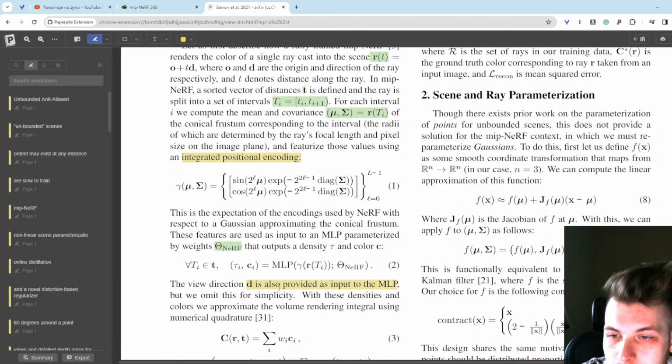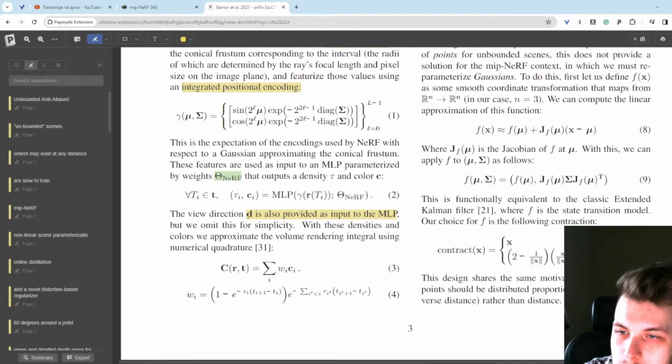You provide that close to the last layer, after you have already extracted density, to allow for estimating specular effects and view-dependent effects, like lighting conditions that change based on the camera position. So you allow this additional level of disambiguation, conditioning on the view direction. This is a typical thing. They don't put that here, but that's also the case.